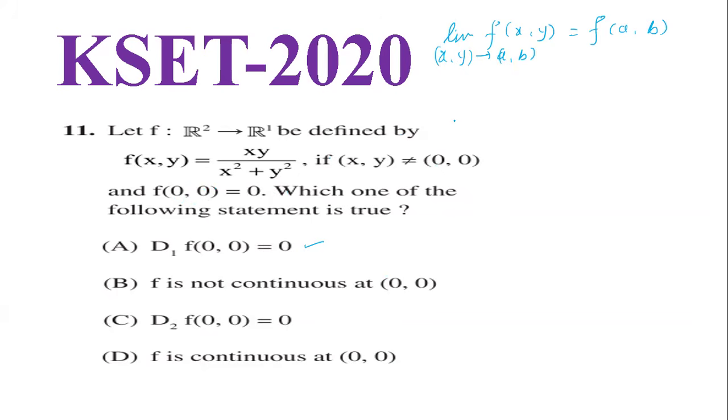The limit as x comma y tends to 0 0 of f of x y is equal to the limit of x y divided by x square plus y square.